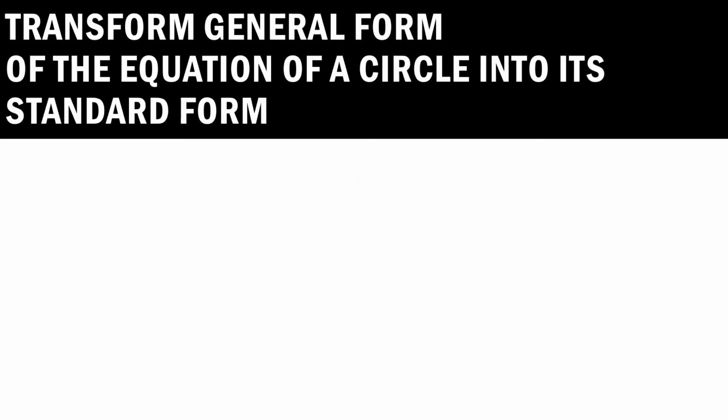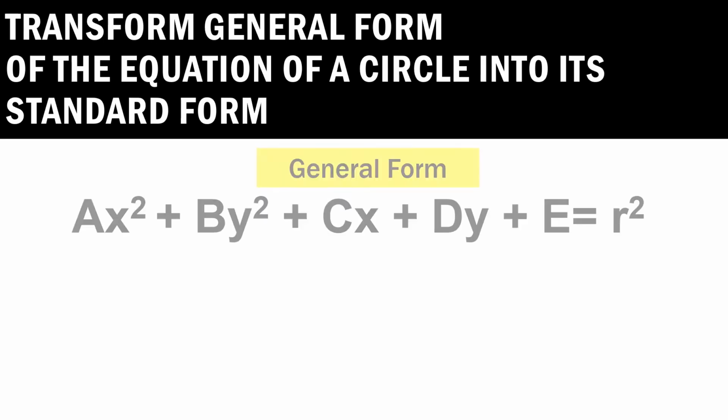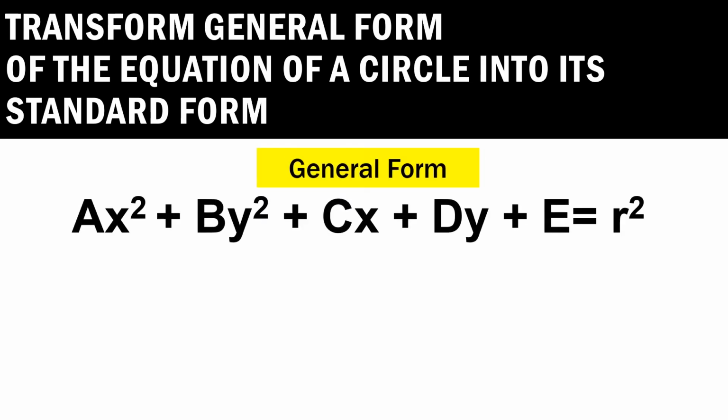So para makuha natin yung center at radius ng circle, kailangan muna nating i-transform yung general form of the equation of a circle sa kanyang corresponding standard form. Again, yung general form ng equation ng circle is ax squared plus by squared plus cx plus dy plus e is equal to r squared.